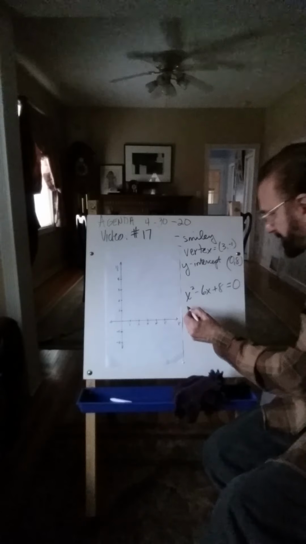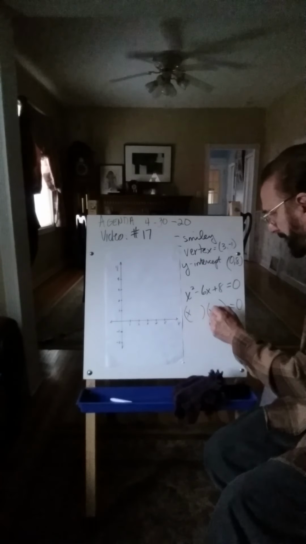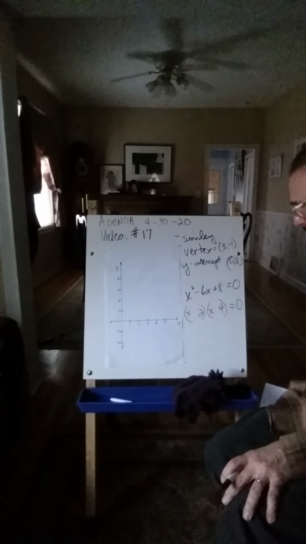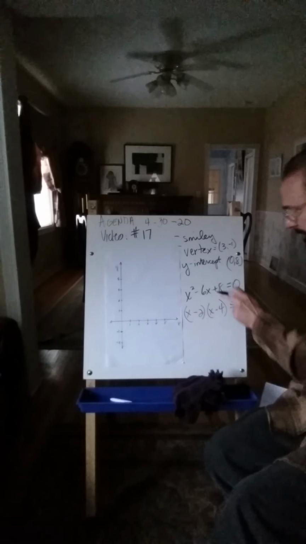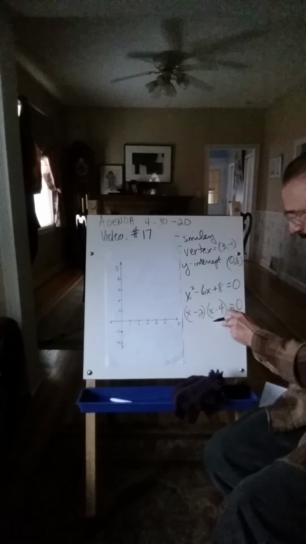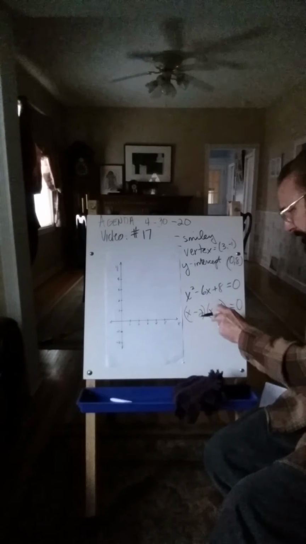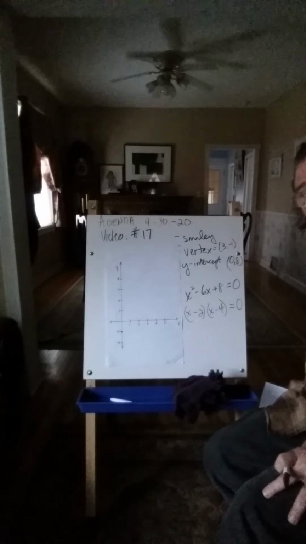I'm going to go back to this and try to factor it now. I got x here, I got x here, 2 and 4, I'm trying that. If this is a negative and a negative, it's going to give me a positive 8, that's what I want. And negative 2x and a negative 4x gives me negative 6x, boom, that's good.